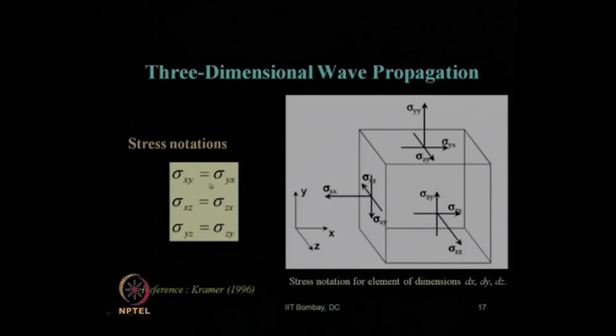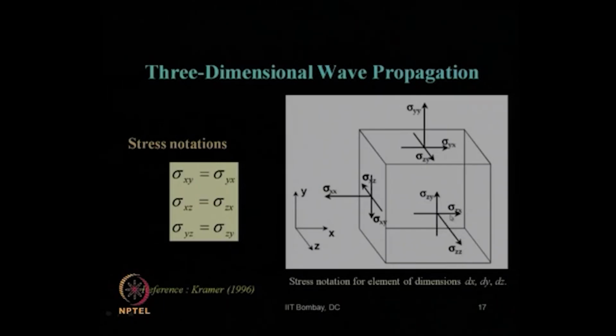So, to maintain the equilibrium, the other face shear stress has to be the same and in the opposite direction, like sigma x y in the opposite direction should act over here, and this sigma y x should be equal to sigma x y to maintain the equilibrium of the cube or of the soil element in 3 dimensions. Similarly, sigma x z should be equal to sigma z x and sigma y z should be equal to sigma z y.